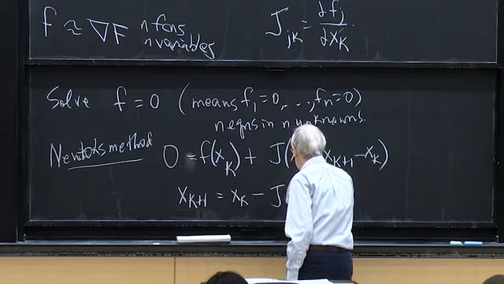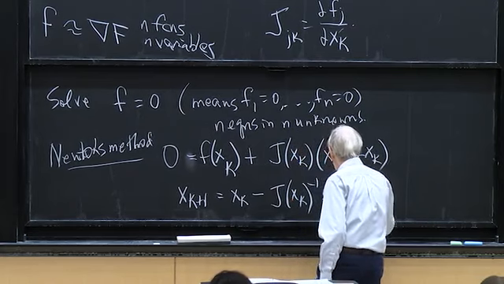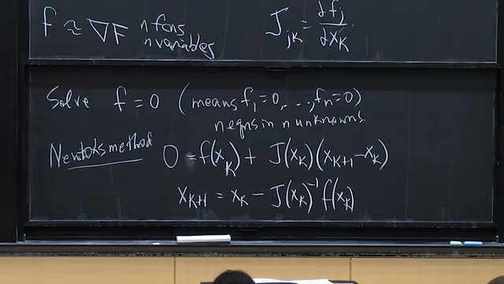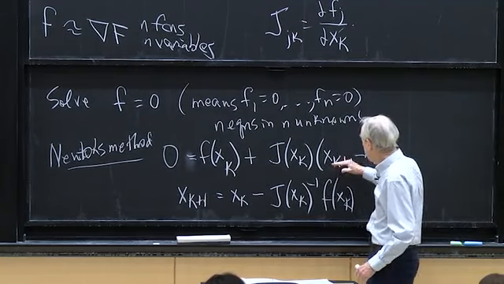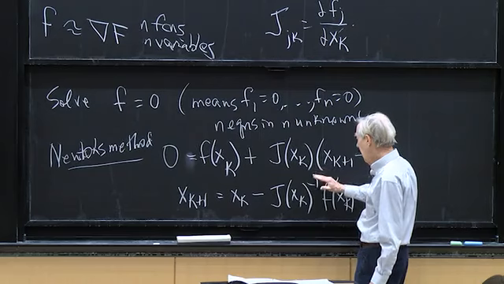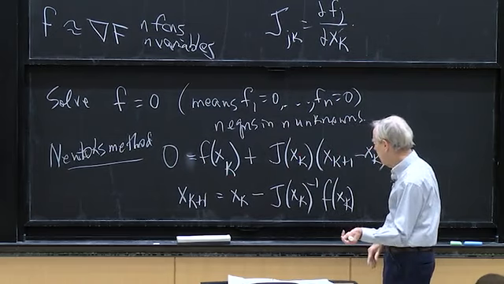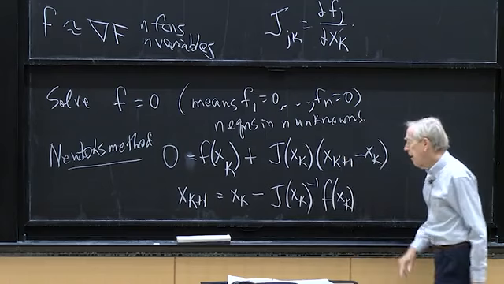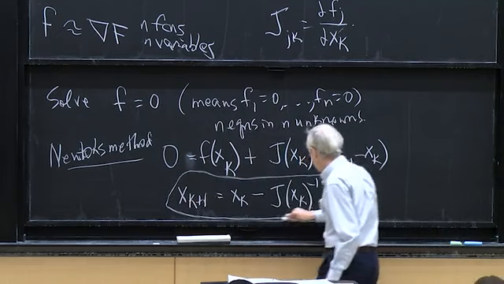This guy will be inverted, and f at xk. So that's Newton's method. Natural. Let me just repeat that. You see where the xk plus 1 minus xk is sitting, right? And I moved f of xk to the other side with a minus sign. And then I multiplied through by J inverse. So that's Newton's method for a system of equations.